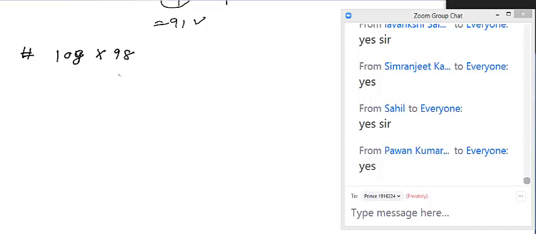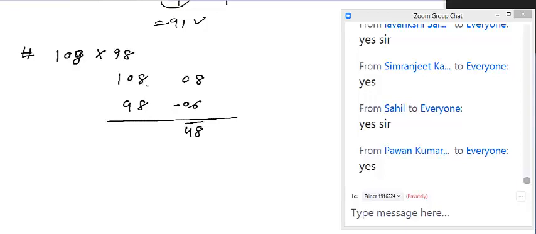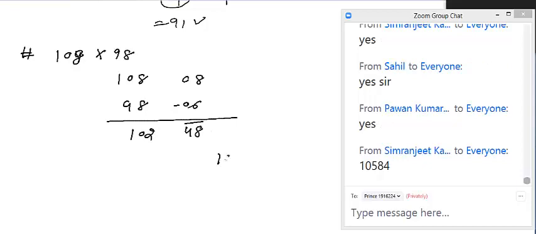Now do it fast before me, but don't use a calculator. 108, 98. Its deviation is 08. Its deviation is minus 02. When you multiply, what you get? 16, negative, 16 bar. When you add it, you will get 106. So very interesting. Very good, very good.